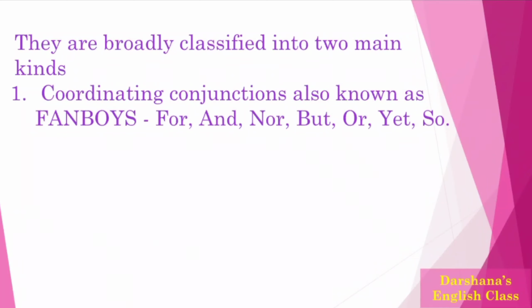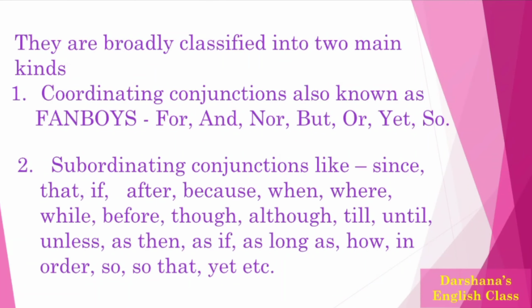These 7 words are called coordinating conjunctions. The rest of the words are labeled as subordinating conjunctions, and all those words I have listed down over here. You can definitely note it down in your books for your future help.